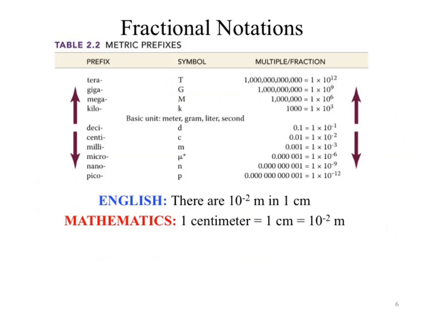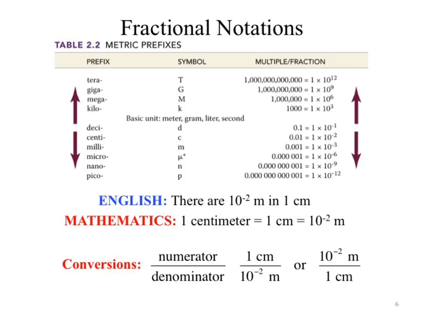And I believe we looked at our fractional notations. So we went through and evaluated the English on saying 10 to the negative 2 meters is 1 centimeter. And we could then convert that into a fractional notation, or as your textbook refers to it, a unit fraction, I believe is how they're referring to it.